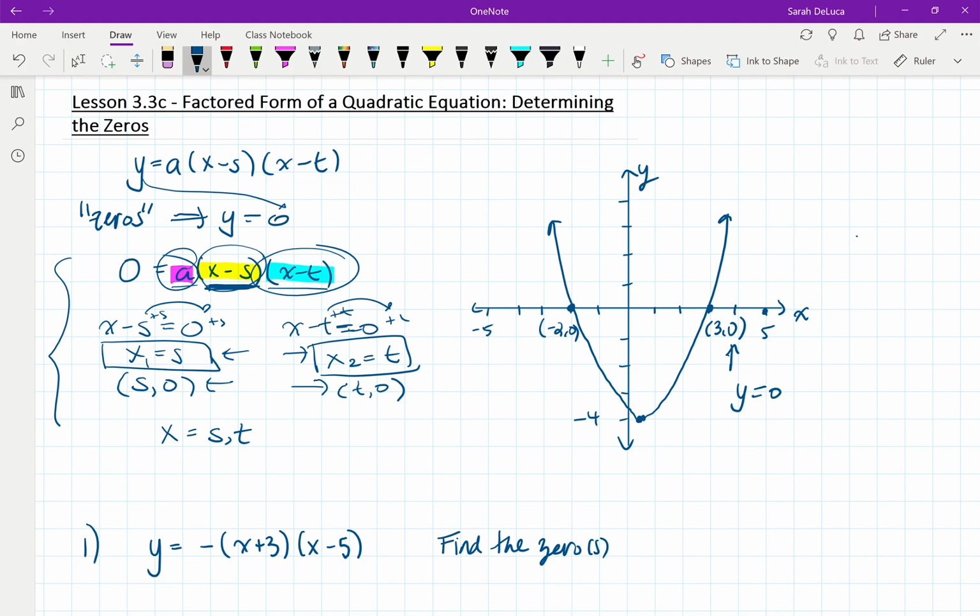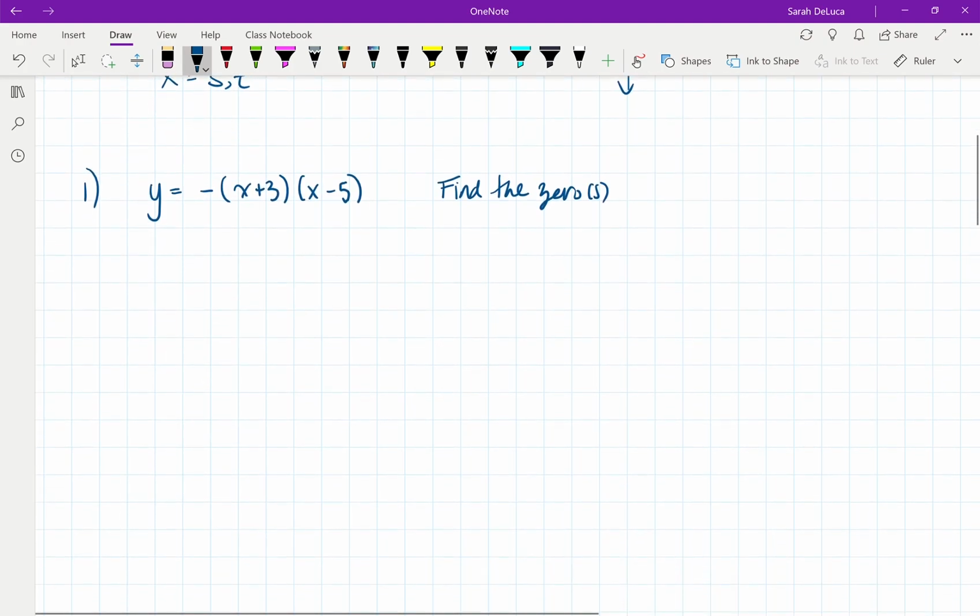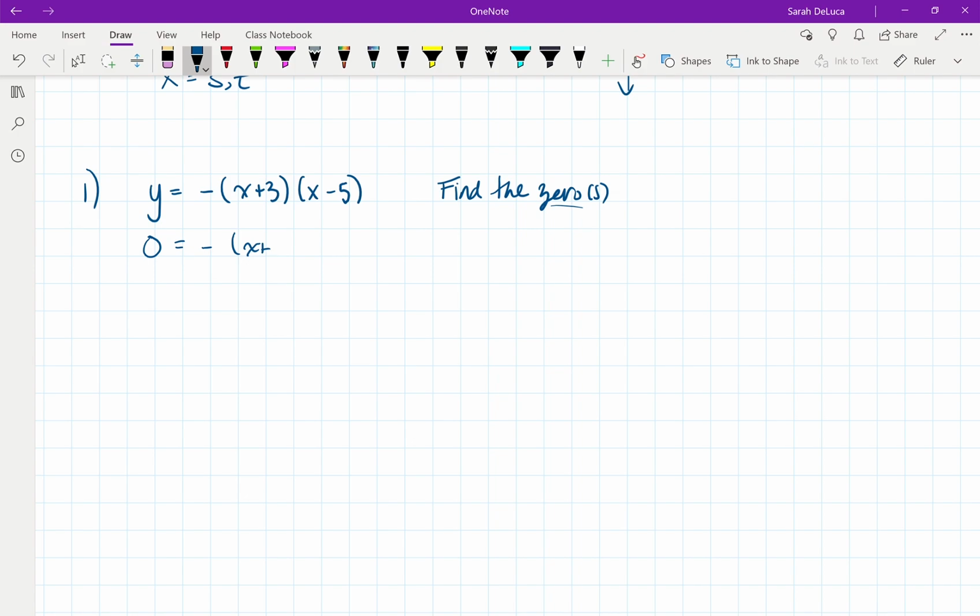Okay, so we're going to do a bunch of examples. Here we go. This is in factored form. I'm going to find the zeros. So the first thing is to set the y value equal to 0. And then I'm going to identify the things that are being multiplied. So I have this guy right here being multiplied by this guy right here. So I know that if x + 3 is equal to 0, then I'm going to get a product of 0.